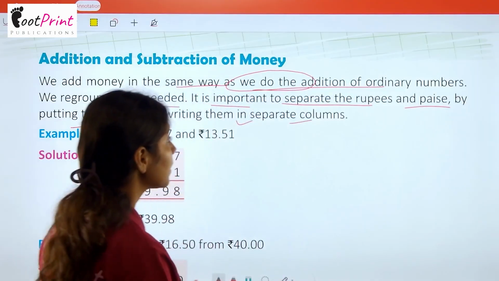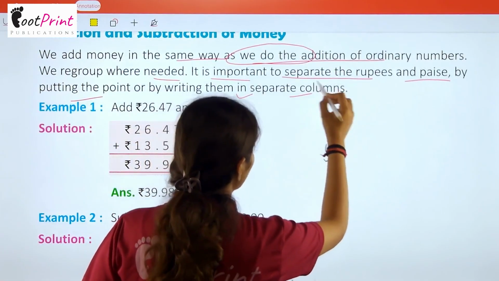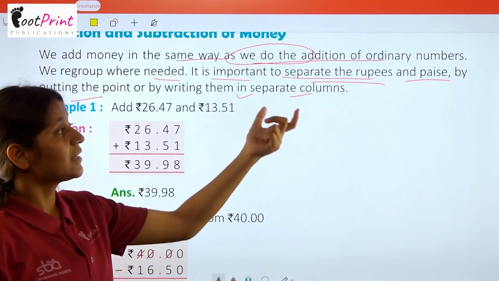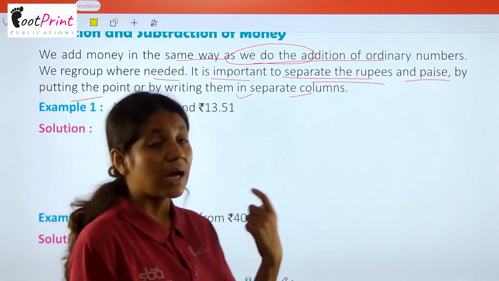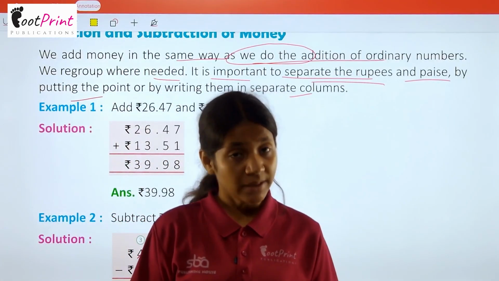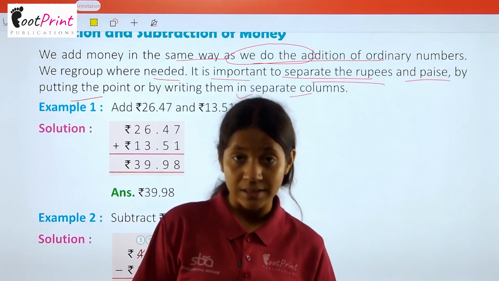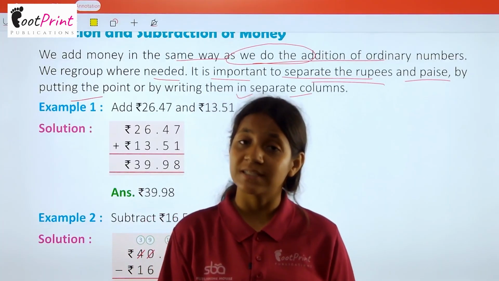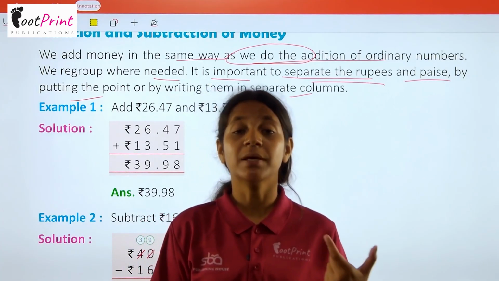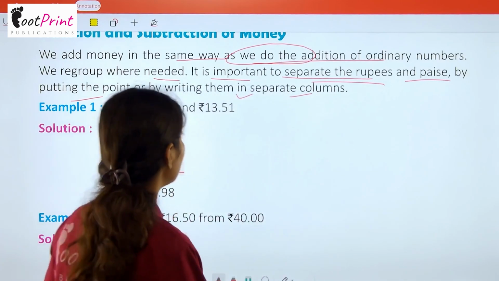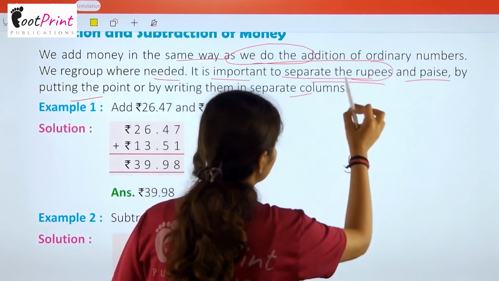So हमें जब भी इसे लिखना है तो हमें important क्या चीज है? सेपरेट करना है रुपीज एंड पैसे को. हमें पता है कि हम जब भी मेजरमेंट की एडिशन सब्ट्रैक्शन करते थे हम यूनिट्स का ध्यान देते थे. सिमिलरली रुपीज के केस में भी, मनी के केस में भी हमें यूनिट्स का ध्यान देना है. ओके, सो यहाँ पे 2 यूनिट्स हैं, दैट इज रुपीज एंड पैसे.